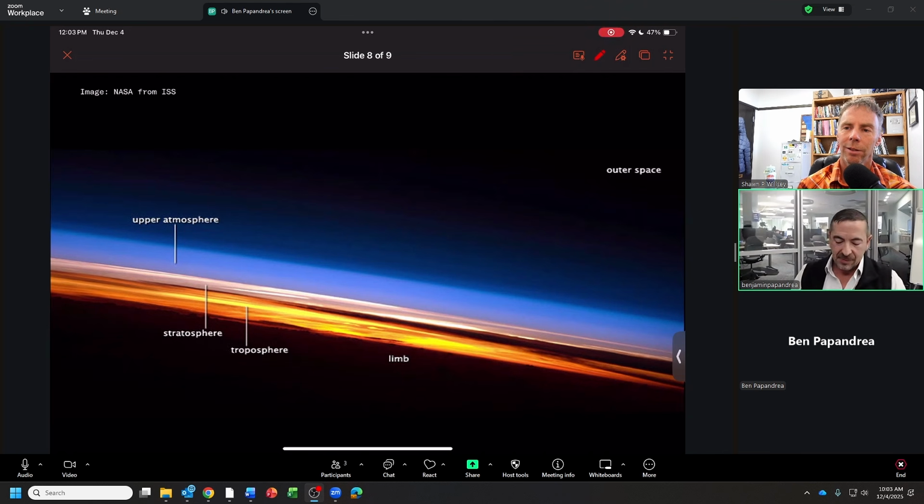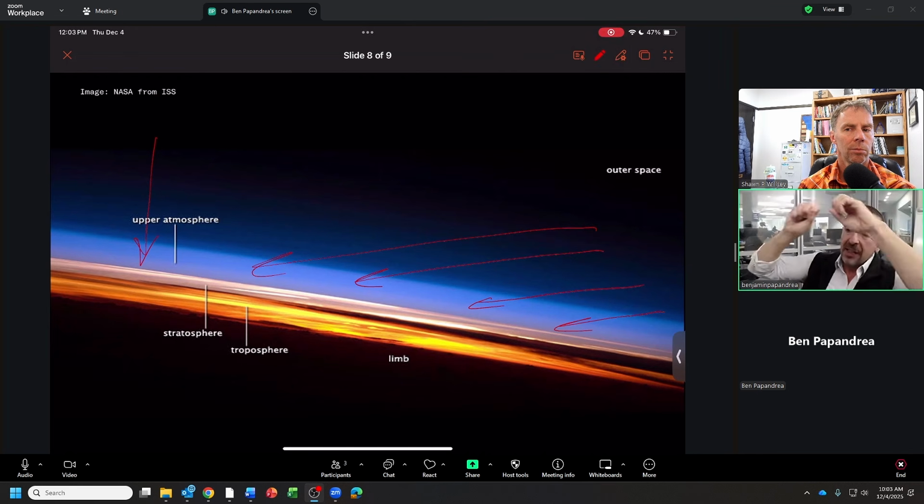So if the sun is directly above your head, you're seeing the blue colors. If the light is coming in at an angle like it is in this picture, what happens is the blues and the violets get scattered away, lost at the top of the atmosphere.